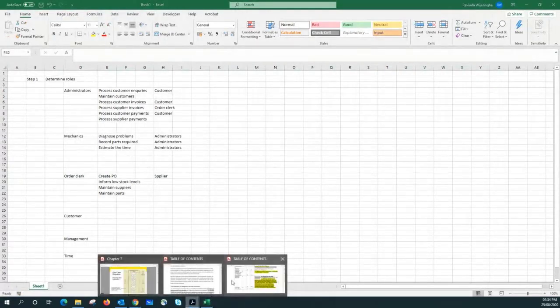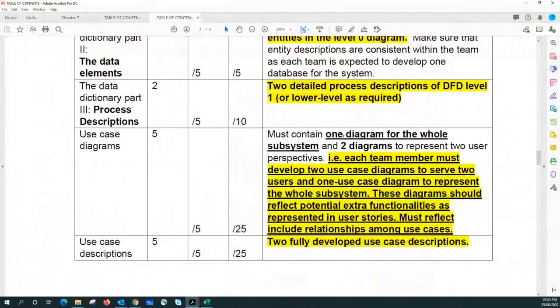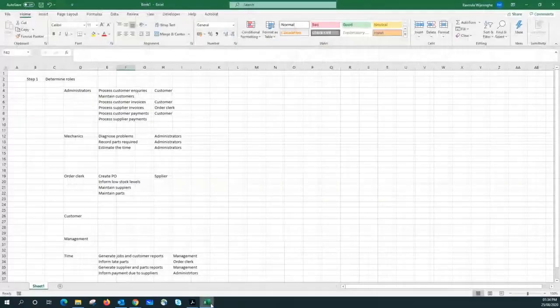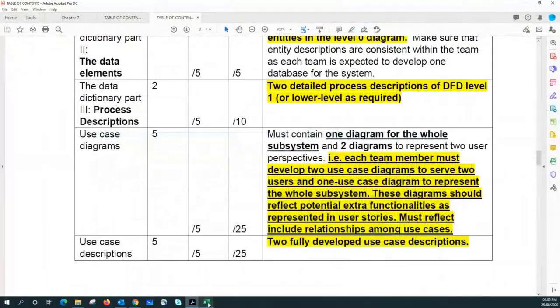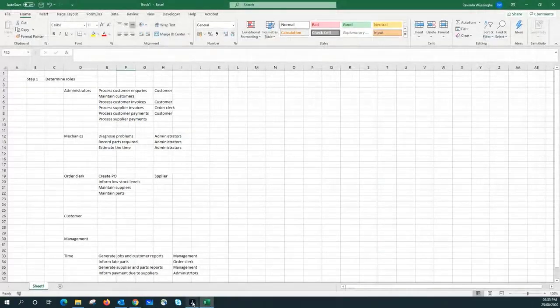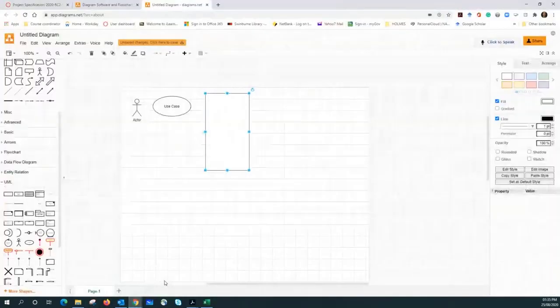Now in your assignment, what you need is one diagram for the whole system, the whole subsystem, and then two diagrams to represent two users. Here we have plenty of users or roles. Now I have lots of use cases, so it will take a huge space for me to design the diagram.